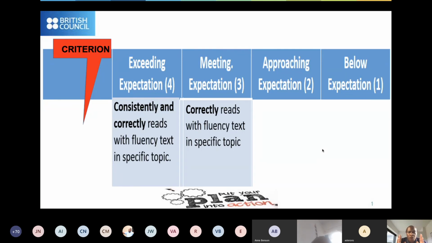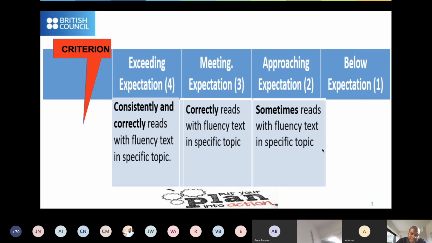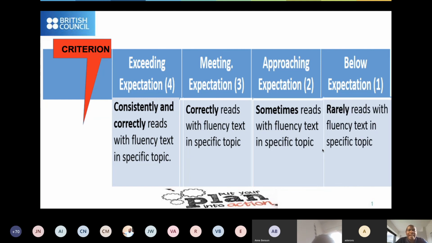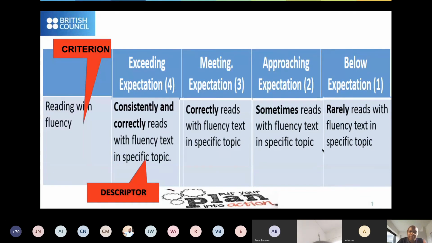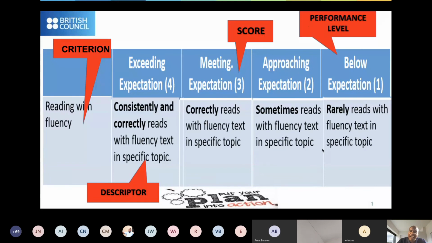Meeting expectation will be correctly, but not consistently, reading with fluency. Approaching will be sometimes reading with fluency, and below expectation will be rarely reading with fluency. That is my descriptor, my criterion: reading with fluency. And therefore I have my scores and I have performance levels.